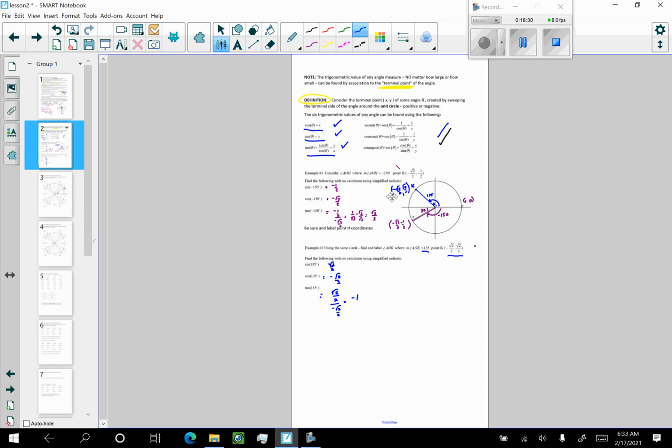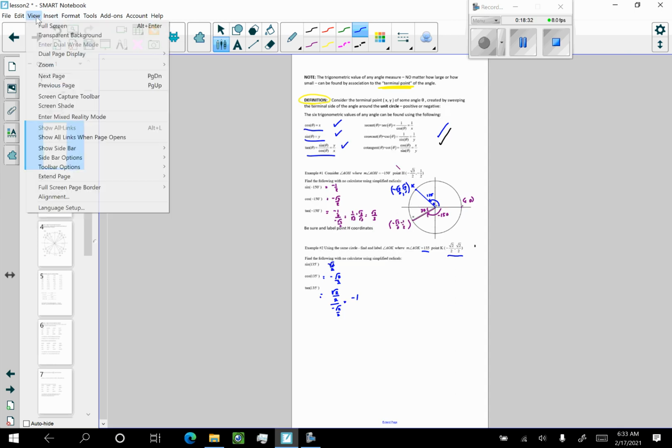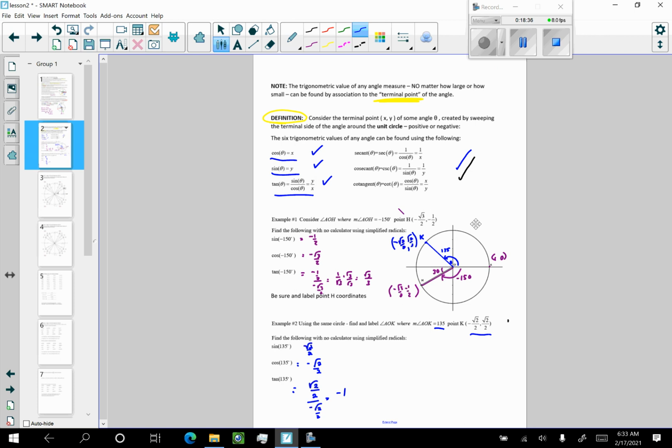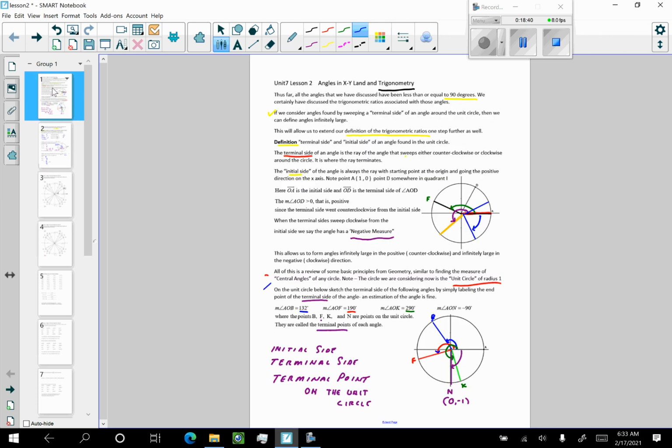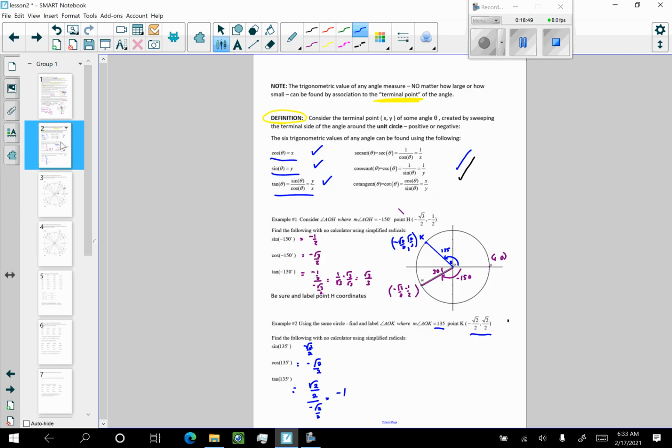Let me zoom out here to go to the entire page. So there's your first page of notes, your second page of notes. You can take and reread this. This is in your interactive text. Get it filled in and get to studying this. This is extremely important. I will see you soon.